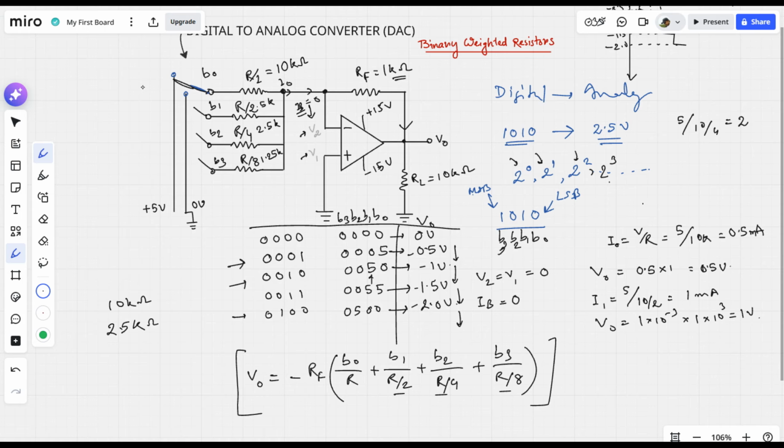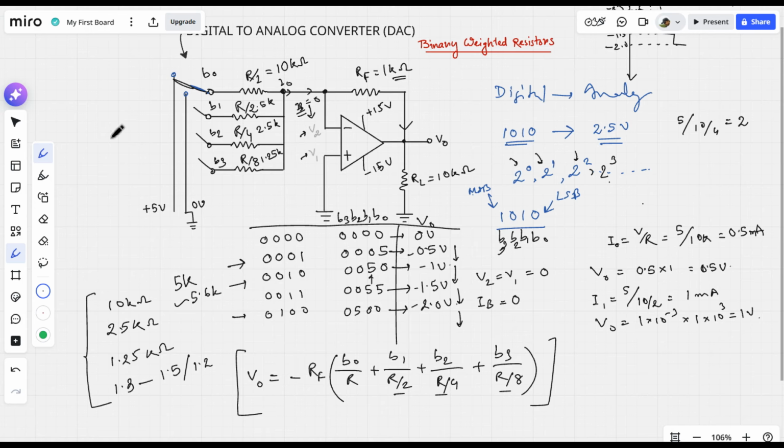Then 1.25K will be further difficult because we do not have 1.25 or 1.3. We can directly go to 1.2 or 1.5. So that will be difficult. Then 5K is also difficult because what we get in the market is 5.6K. So as we are having values which are decreasing in binary weighted form, obtaining these values is slightly difficult.